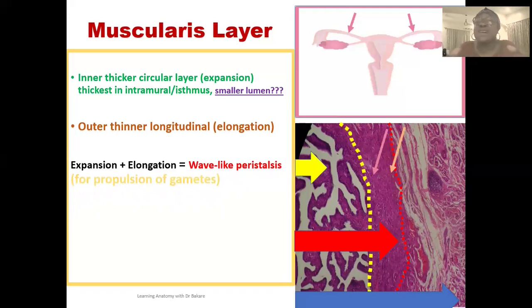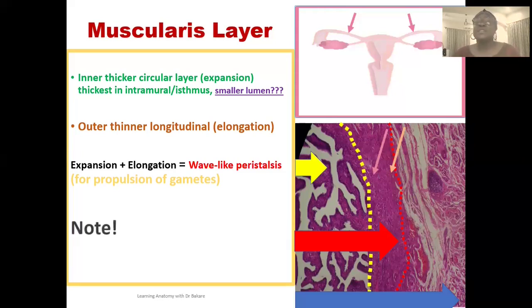So you have a peristaltic movement that is exerted by the muscularis layer due to the pattern by which the fibers of the muscles run. So the integration of the expansion and also elongation is going to be producing a peristaltic movement. And this peristaltic movement will help in aiding the movement of the gametes along the lumen of the uterine tube.